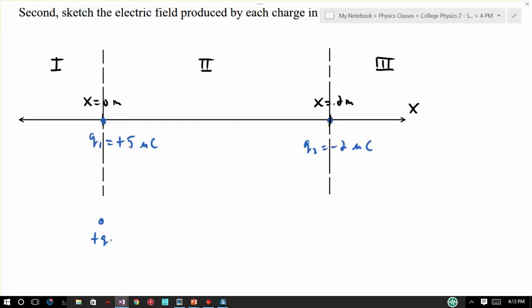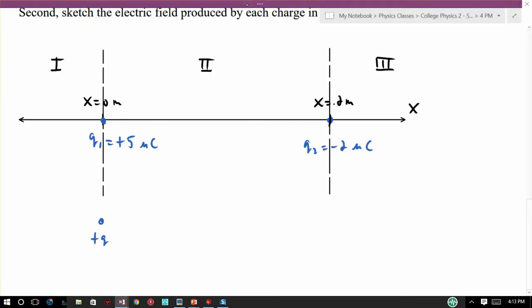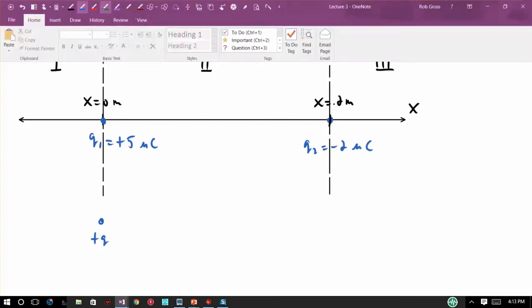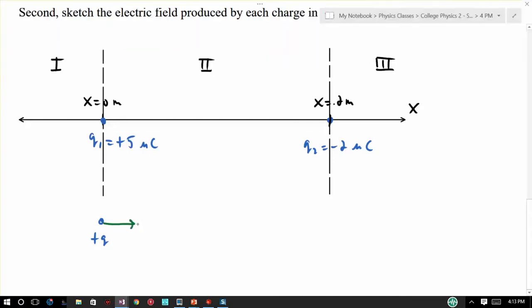So the field goes away in all directions. So it looks like this. When you're sketching it out, it was in the PowerPoint I showed you, but it goes like this, right? It goes just away, in every single direction. I'm just going to draw a few directions here, but the point is it just goes away, right?